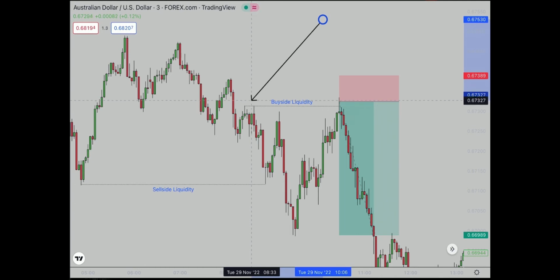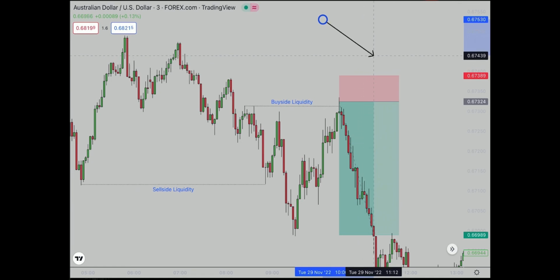This is a setup, right? I told you guys, equal highs or lows plus a fair value gap. That's absolutely a high probability setup that you want to participate in. Typically you don't want to be trading after noon, after 12 o'clock.